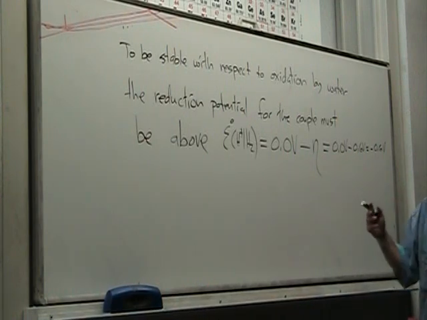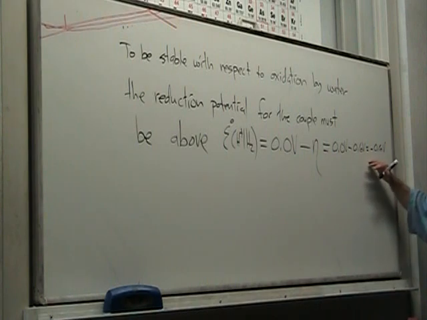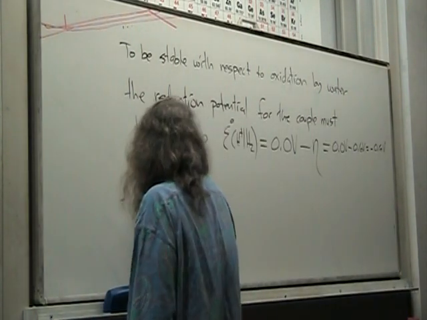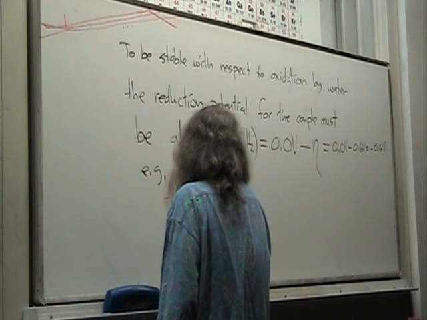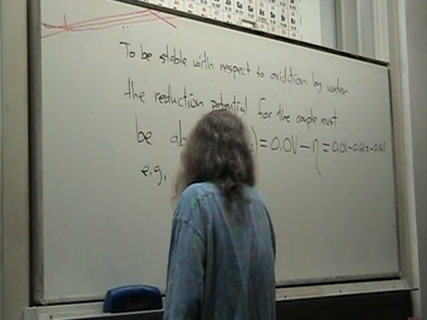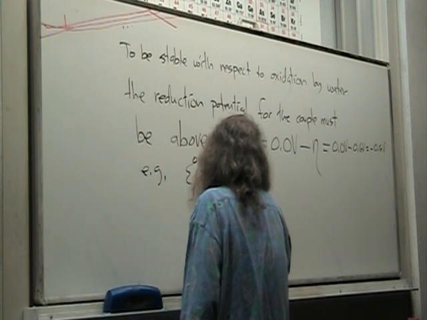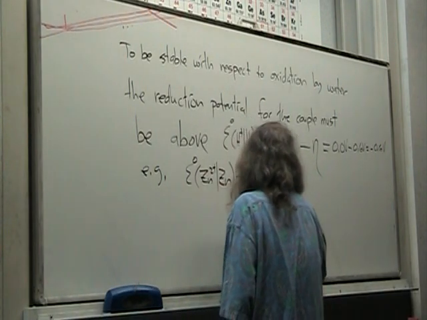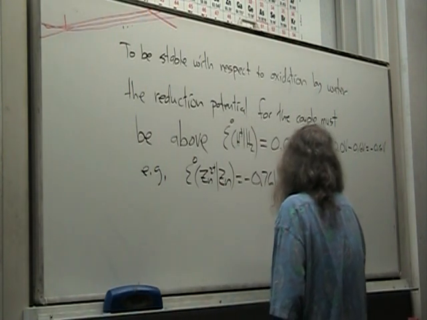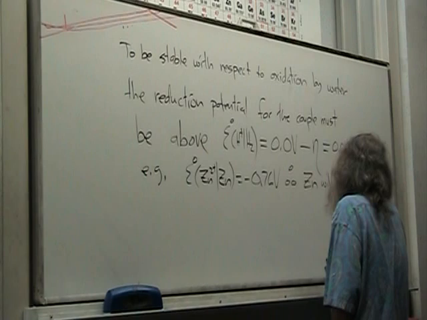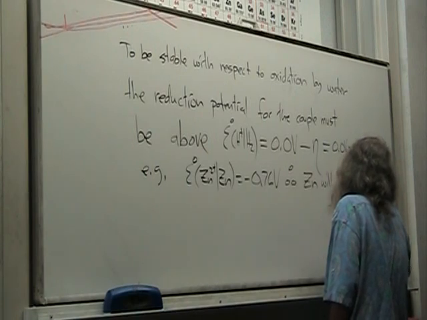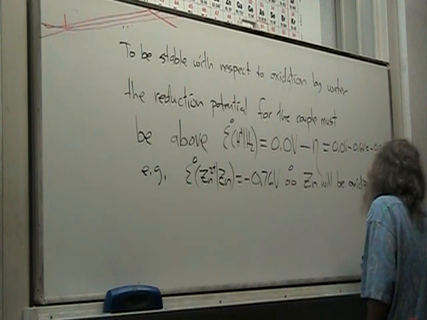If anything has reduction potential less than this, if the reduced form of that couple is placed in water, for example, E naught.